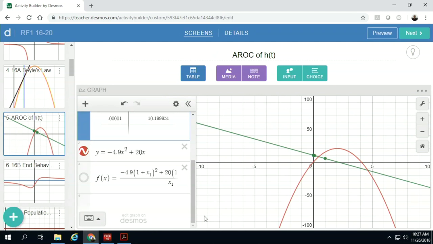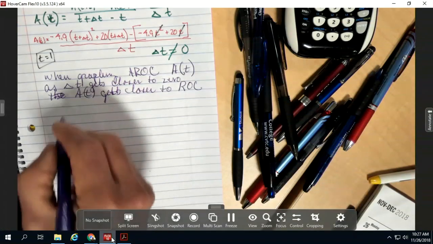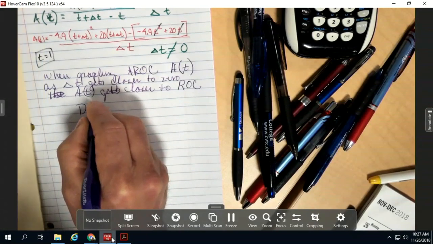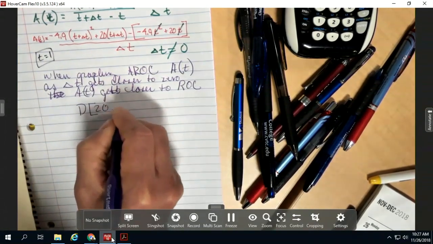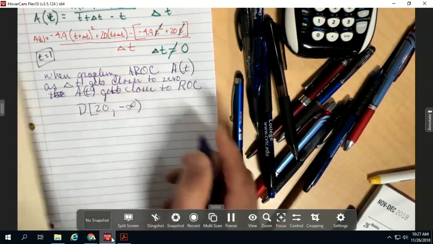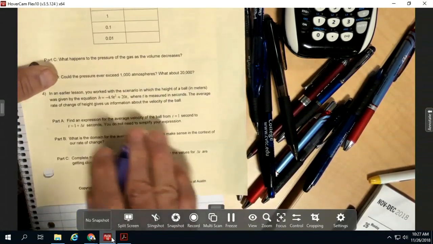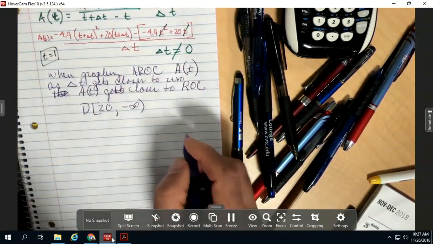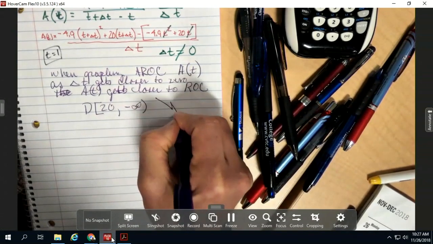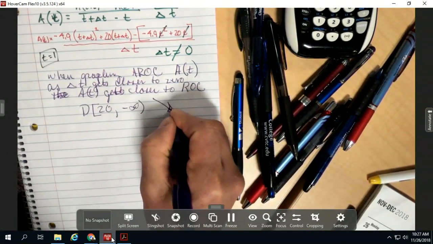So its domain is from 20 to negative infinity, right? From 20 to negative infinity, and it's always decreasing.